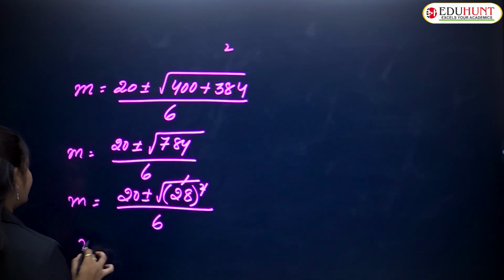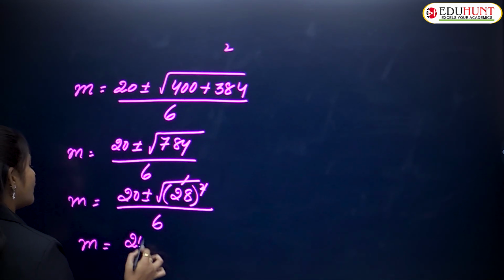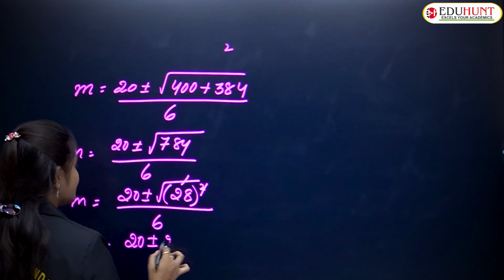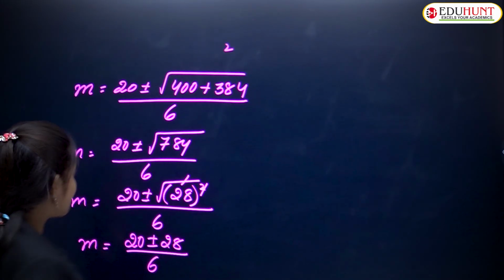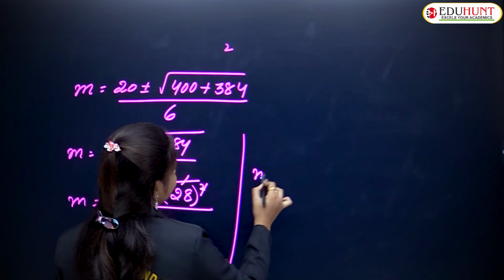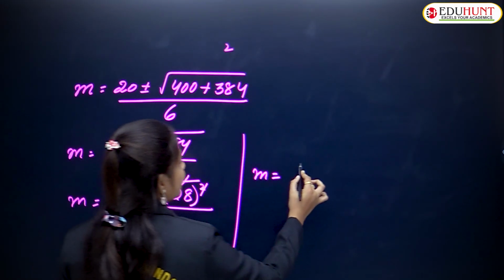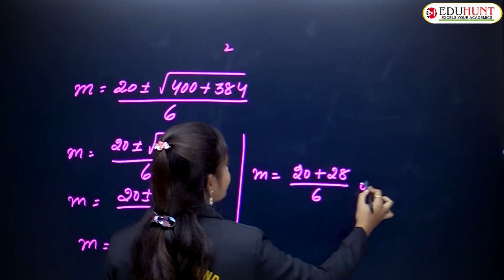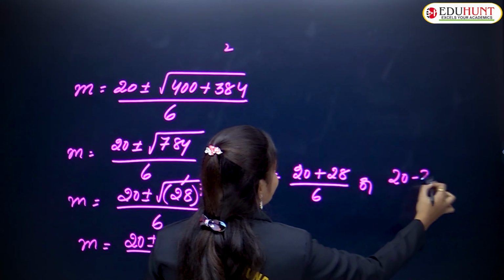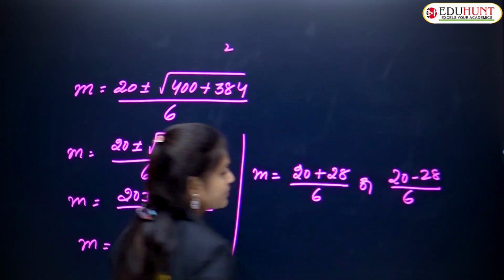So m is equal to 20 plus or minus 28, by 6. Understand? So here we can take the two roots, no? So 20 plus 28 by 6, or 20 minus 28 by 6.